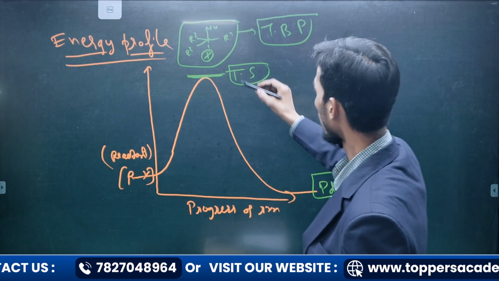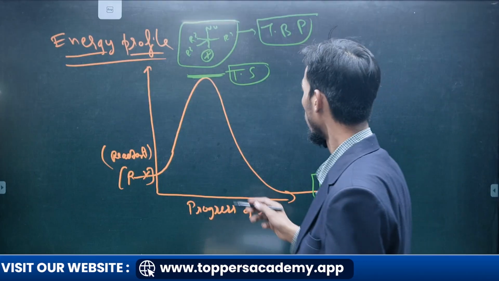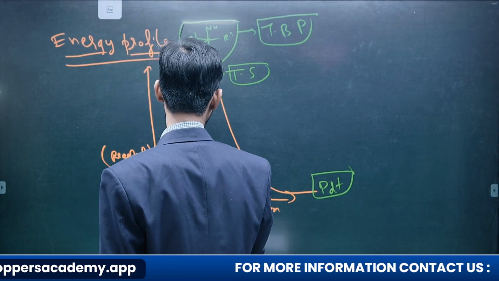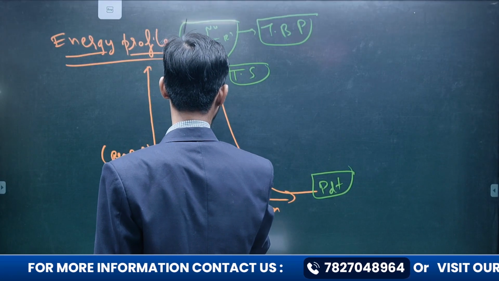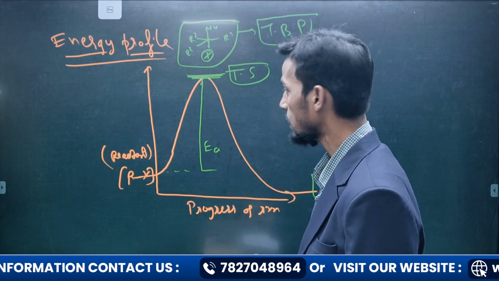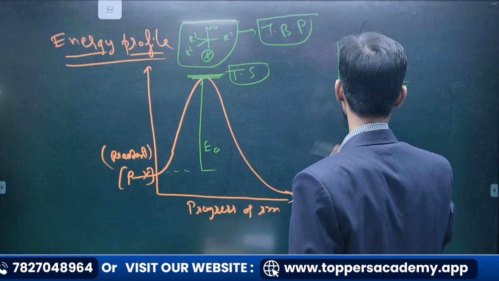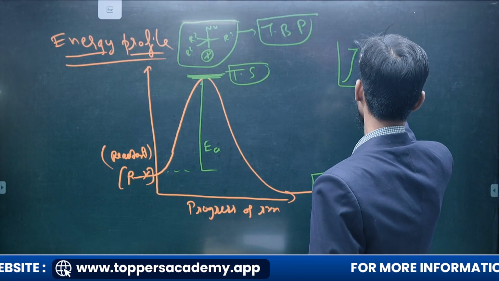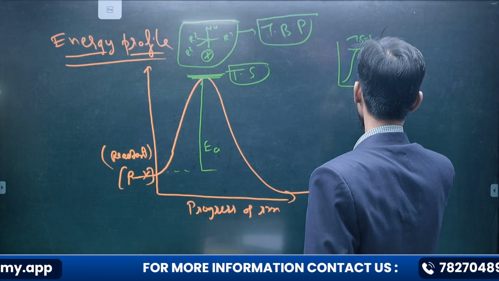We are getting a trigonal bipyramidal transition state in this case, and only one maximum is shown. When we discussed the SN1 reaction, we saw a reaction with two transition states, TS1 and TS2, because we had an intermediate.